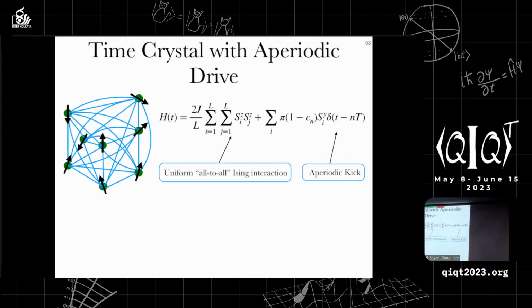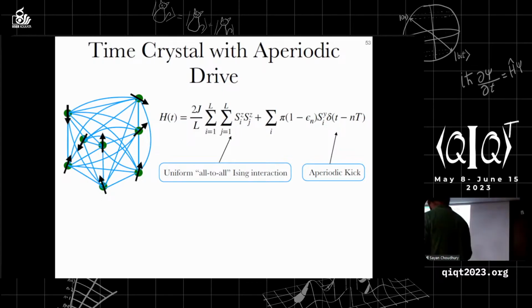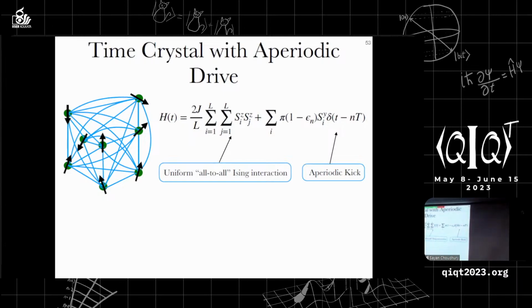That can also be done, and that was what we wanted to do in the first place, but it turned out that in that case you get nothing interesting. The system just thermalizes, or maybe something will come about if we play around with it. What we tried initially was to make the time point at which the kick is applied go between T minus delta and T plus delta, where minus or plus was chosen randomly.